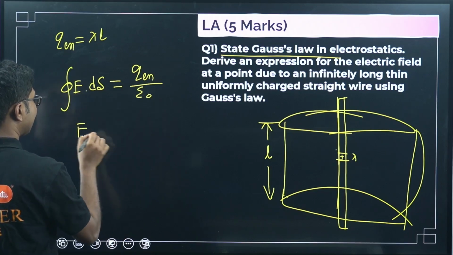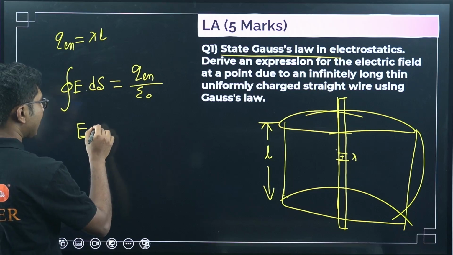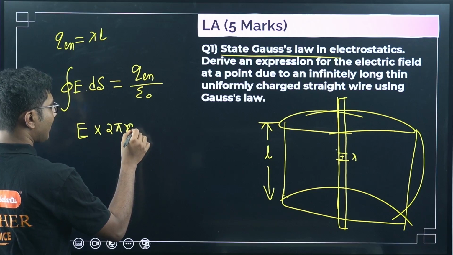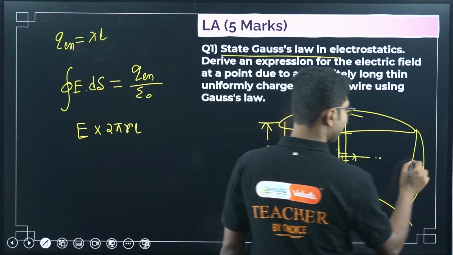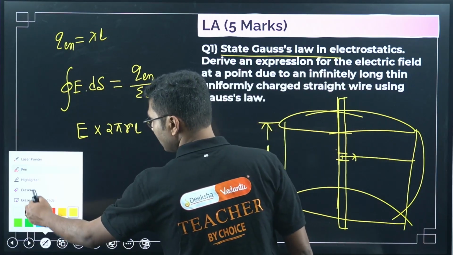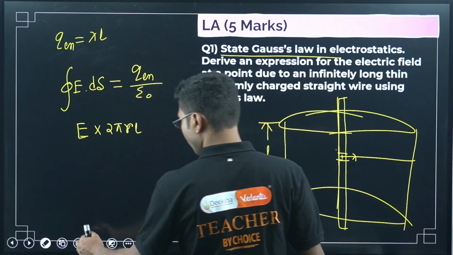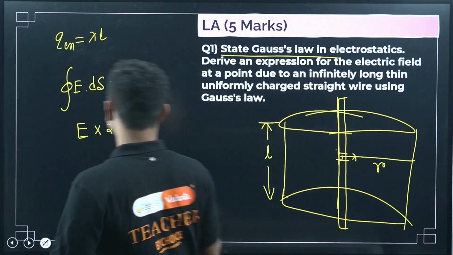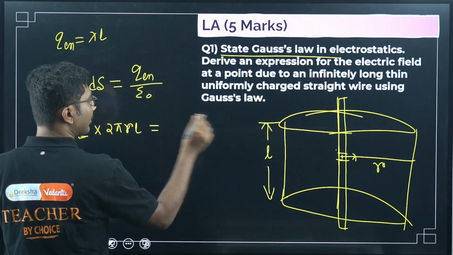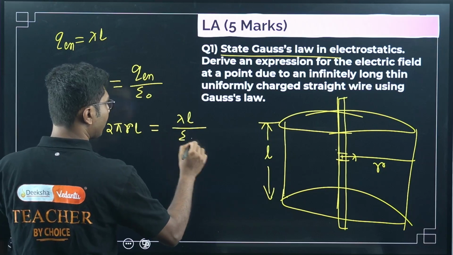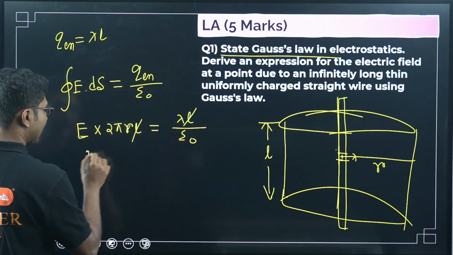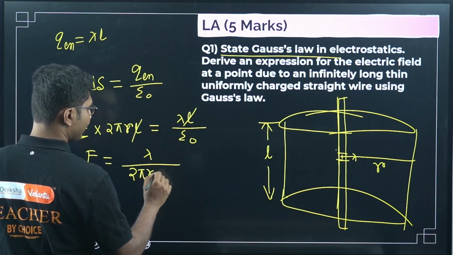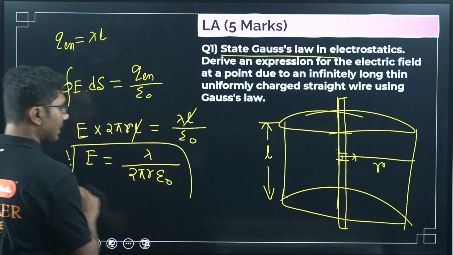E is constant, so everything is given in your book that you have to write. ds is 2 pi r L here. r is the distance where you are measuring the electric field, that is the radius of the cylinder. So E times 2 pi r L equals Q enclosed, which is lambda L, divided by epsilon naught. Now L will cancel, so the electric field will be lambda divided by 2 pi r epsilon naught. This is an easy derivation, but this is not sufficient.